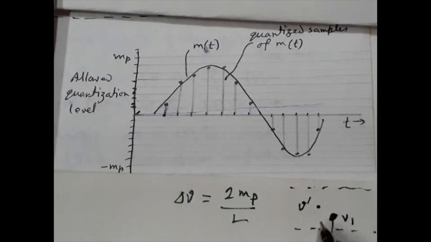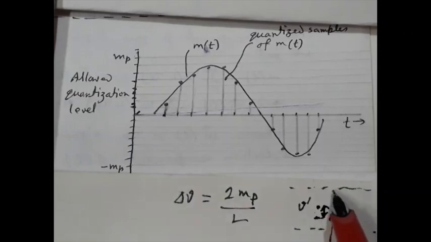Now why the midpoint value? Because the midpoint value will minimize the amount of error. As you can see, if the original signal was at voltage V1 and we are assigning a voltage say V dash, then obviously the distance between these two voltages is the amount of error.